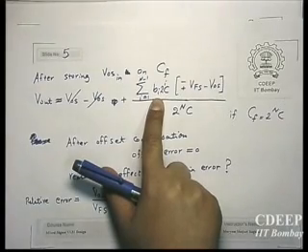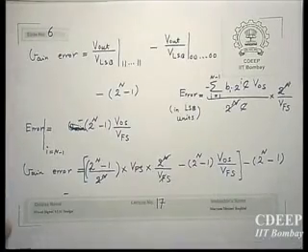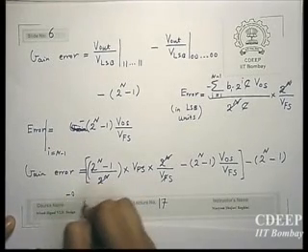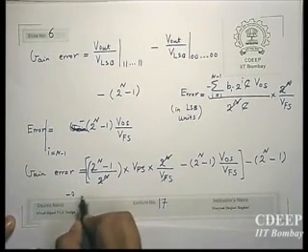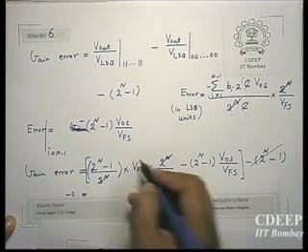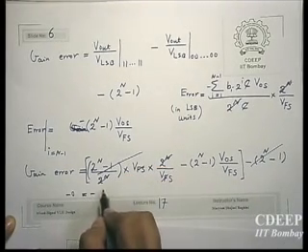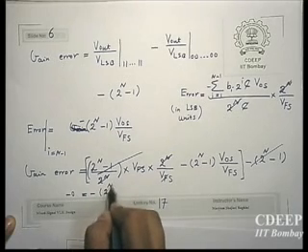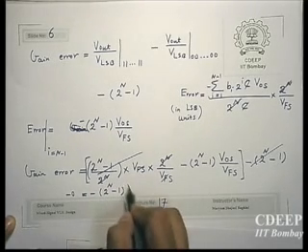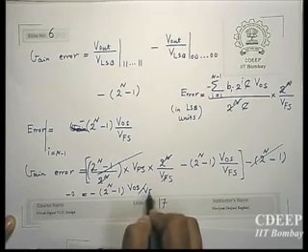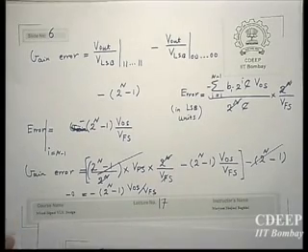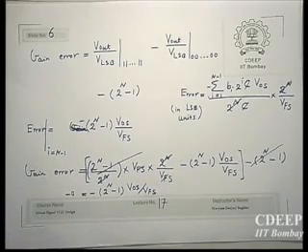Therefore, eventually we don't have anything, so it doesn't have any effect. Fine. So these two also will get cancelled, and this is the amount of gain error: (2 to the power n minus 1) V offset upon V full scale. So if V offset is 0, the gain error is 0.